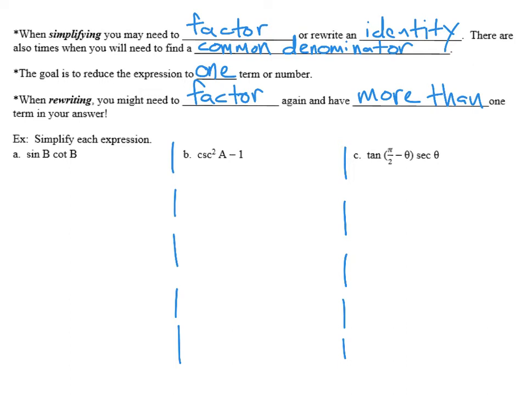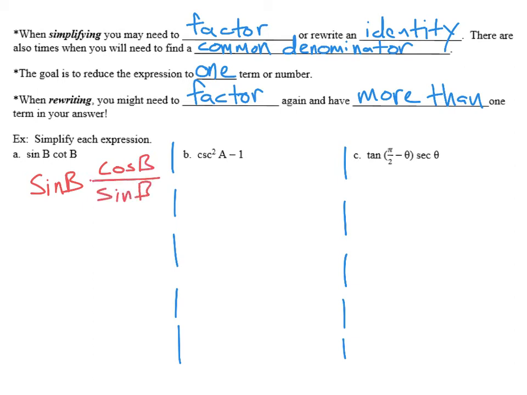This is typically where I'd take a look at my list of identities. Sine of b, I don't think there's really anything to do with that, right? The only thing that comes to mind is to write it as 1 over cosecant as a reciprocal, but I don't think that's what I want to do. Cotangent comes to mind right away. Cosine b over sine of b, right?